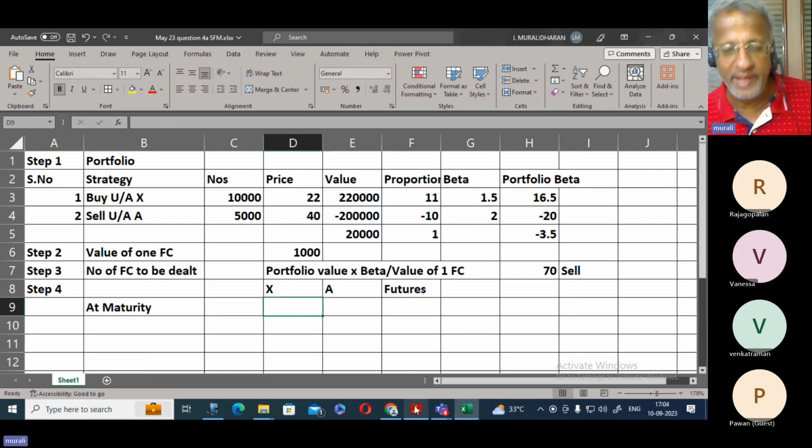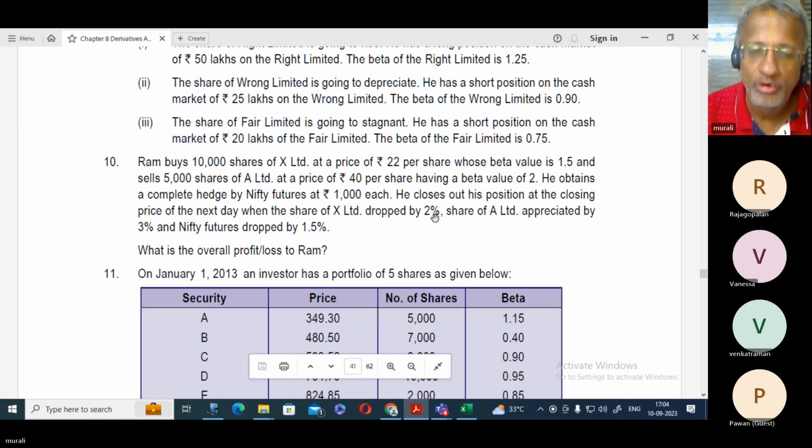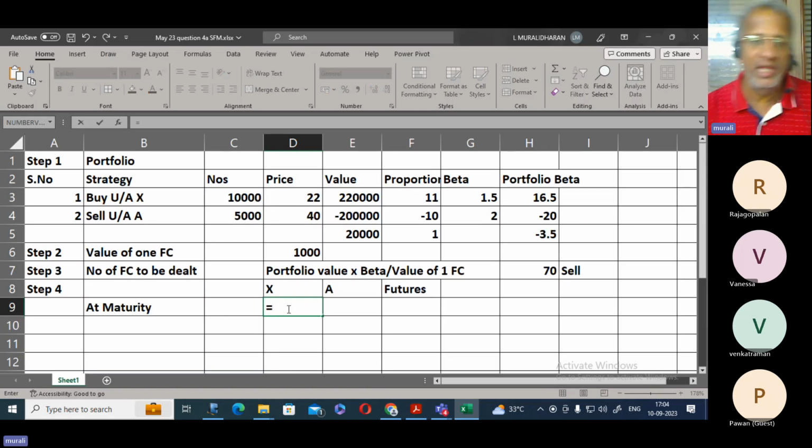For X Limited, dropping by 2%, so the price on this date into 0.98.